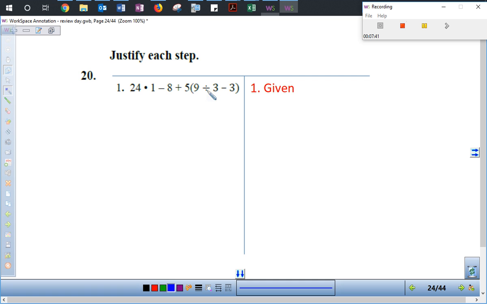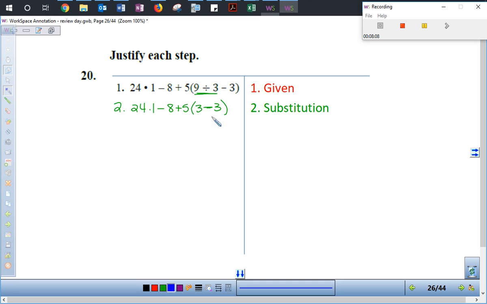The next thing we needed to do is see where we had to go next according to the order of operations. So hopefully you simplified 9 divided by 3 to get 24 times 1 minus 8 plus 5 times the quantity of 3 minus 3. And that, to get from step 1 to step 2, is the substitution property. You must spell out the word substitution.